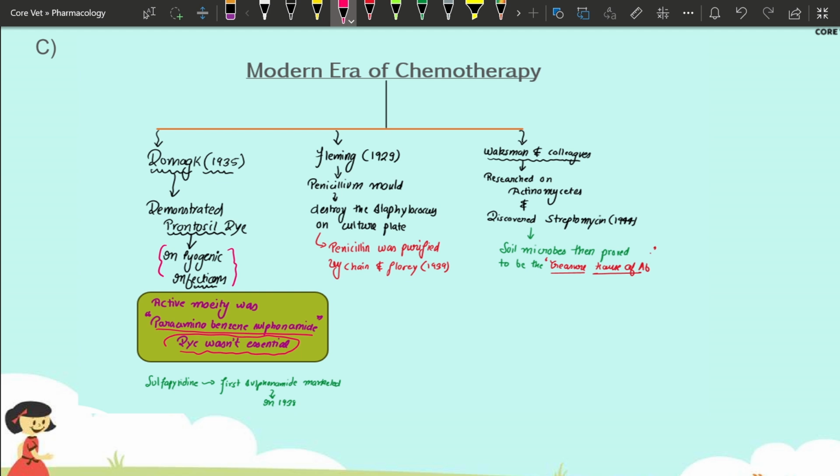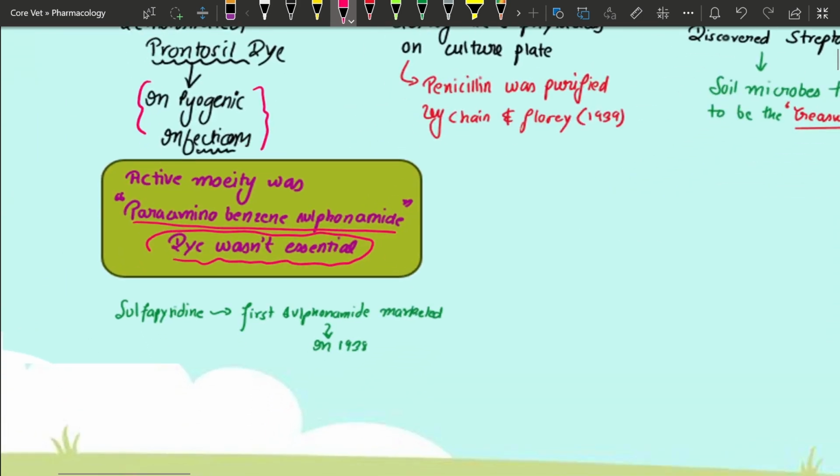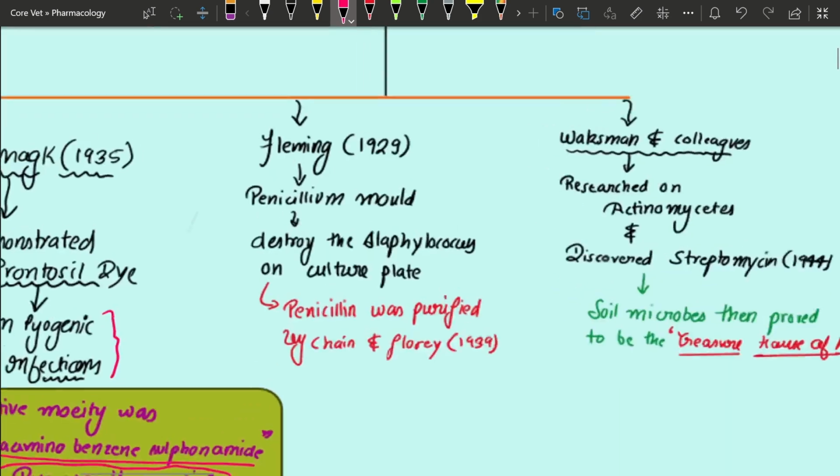It was analyzed later on that the dye portion wasn't important. The active moiety was para-amino benzene sulfonamide. Sulfapyridine was the first sulfonamide marketed, in 1938.